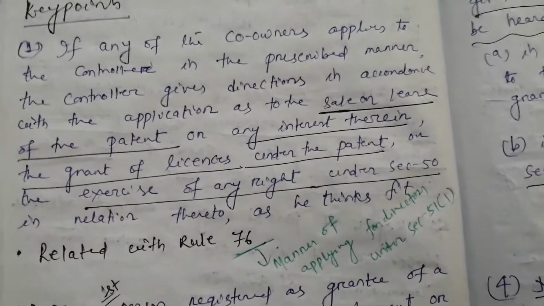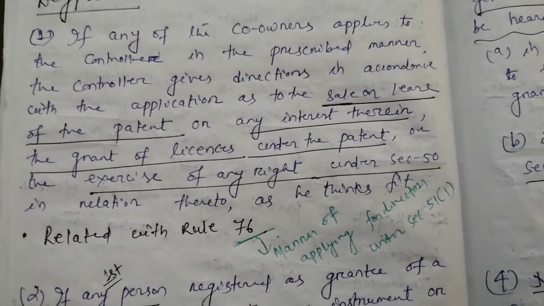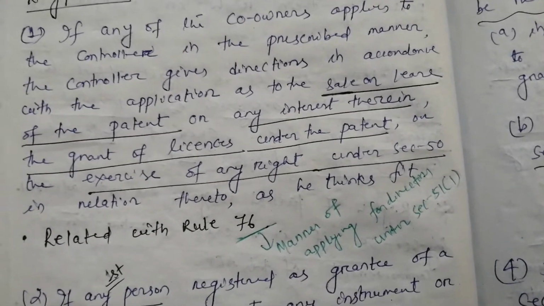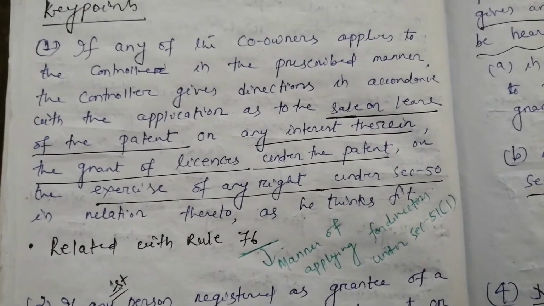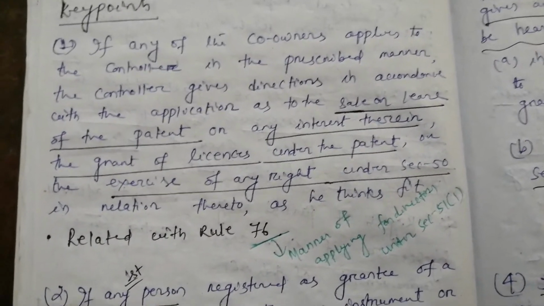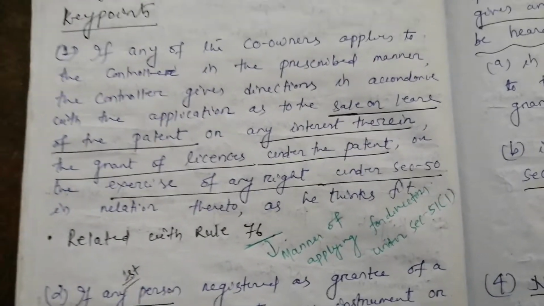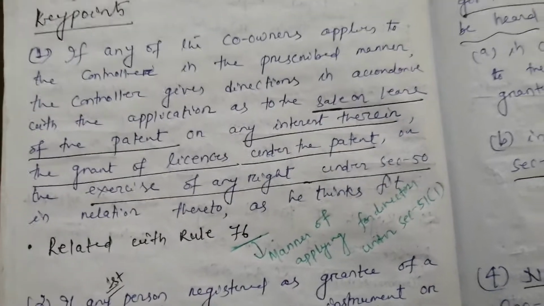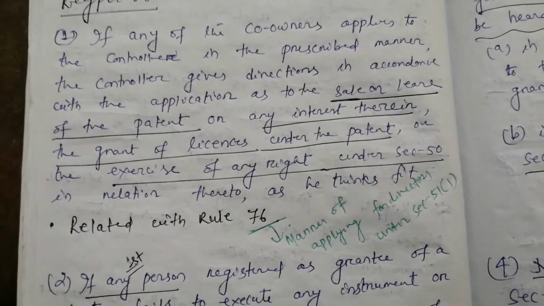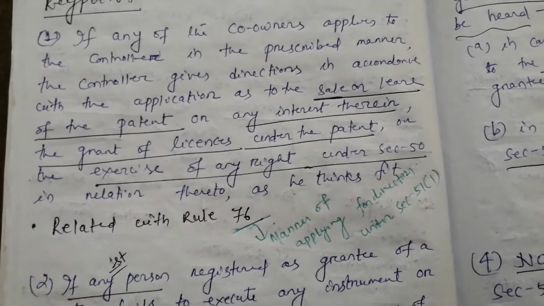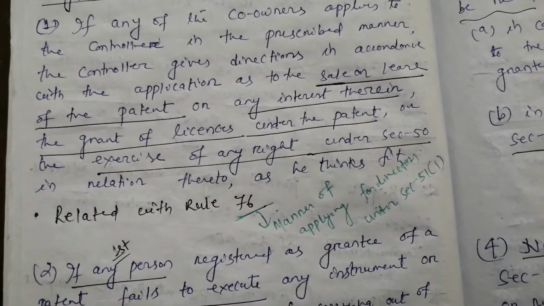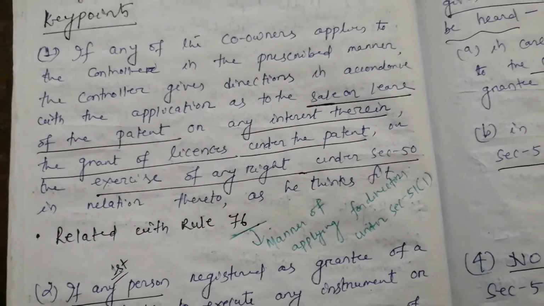So, if out of these grantees, one of the co-owners applies to the controller in a prescribed manner about the sale or lease of the patent, any interest therein or grant of licenses under the patent, the exercise of any right under Section 50, etc. Then the controller considers the application in accordance with the matter inside the application and he gives the directions in relation to them as he thinks fit.